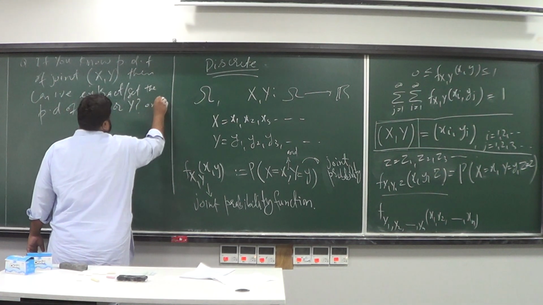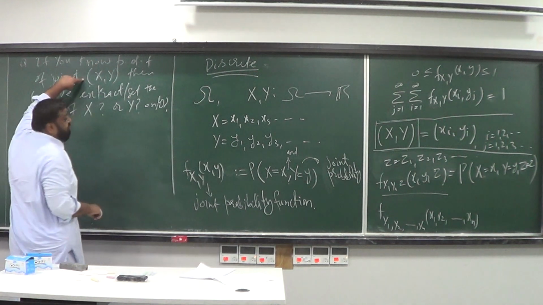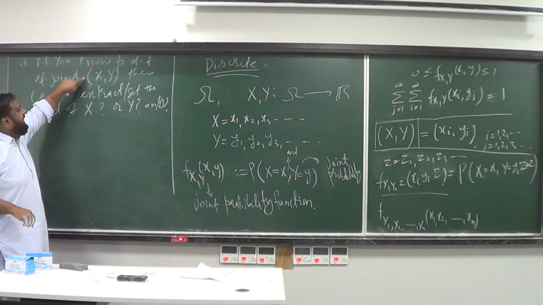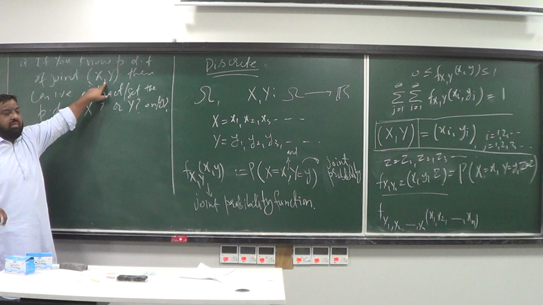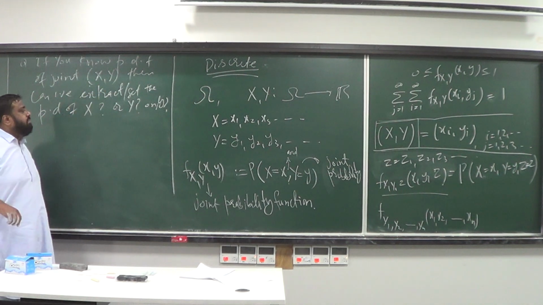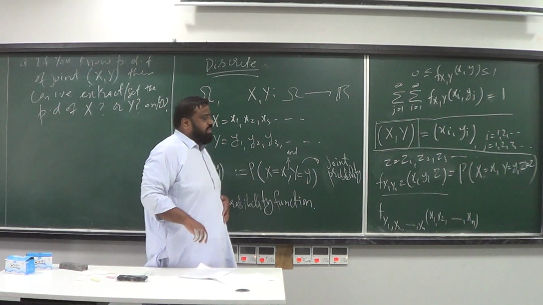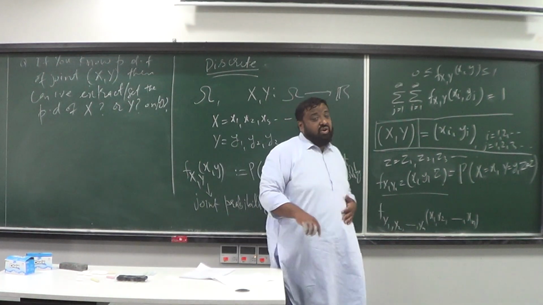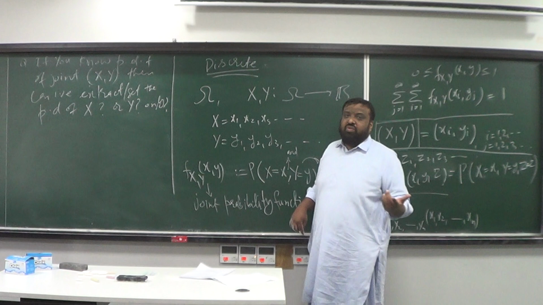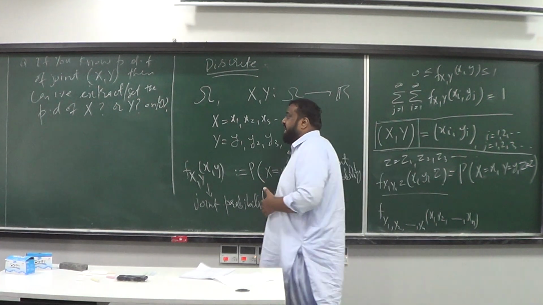In other words, if you know the PDF of the joint of 2 random variables, can you get the probability density function of one of the random variables? The answer is yes.